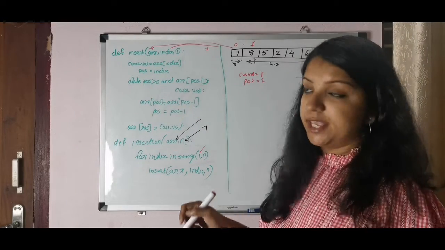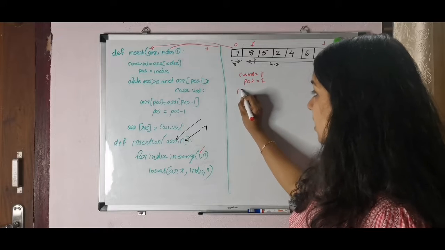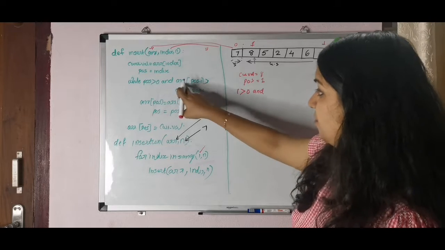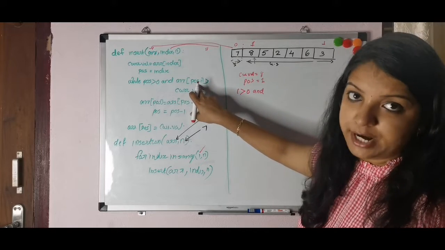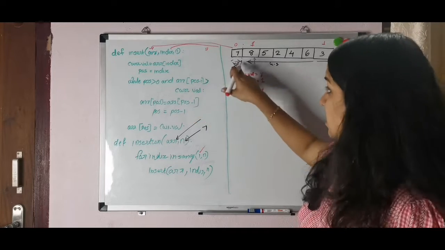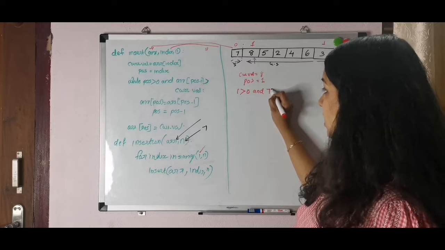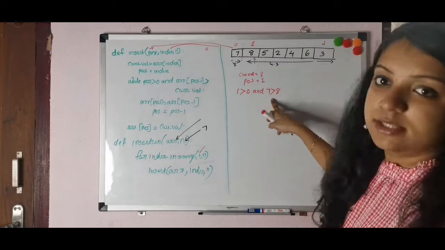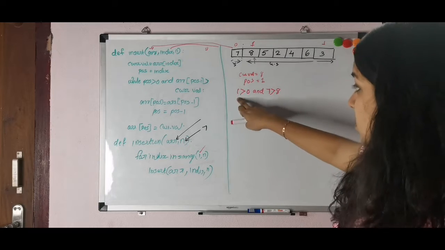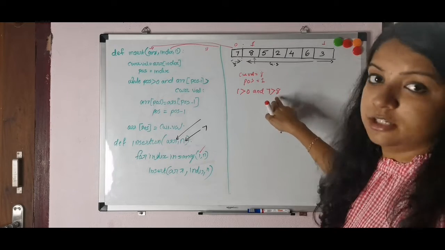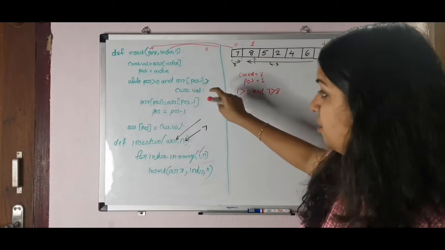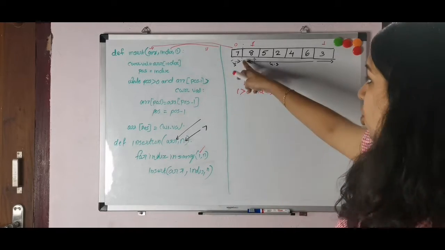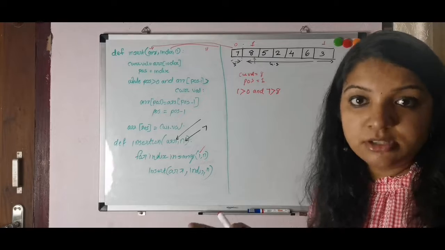Here we are checking position 1 greater than 0 and AR of position minus 1. Position equals 1, 1 minus 1 is 0, that means 7. 7 greater than 8? No, right? So this condition is true, but this condition is false. That means we don't need to do this. No need to swap because 7 and 8 are already in sorted order.